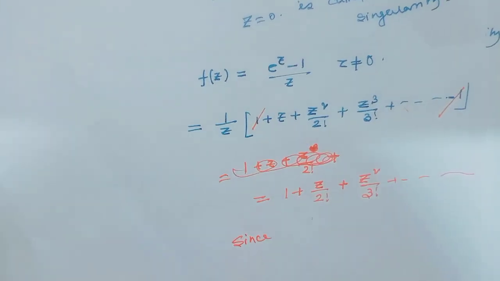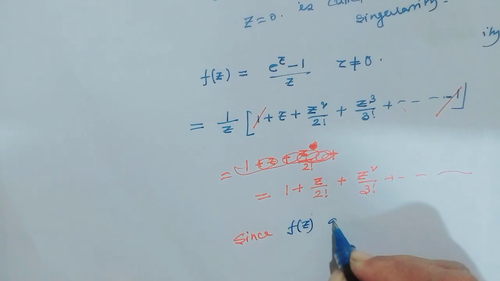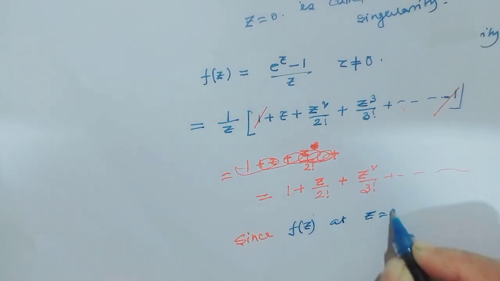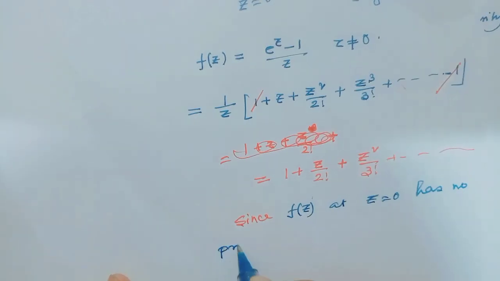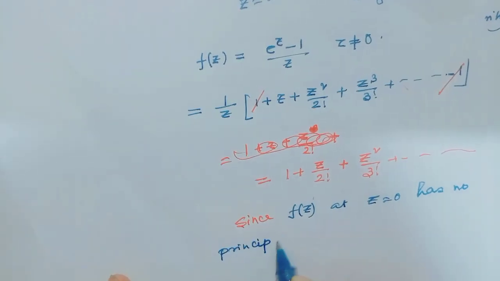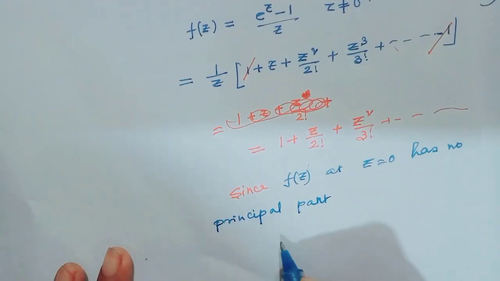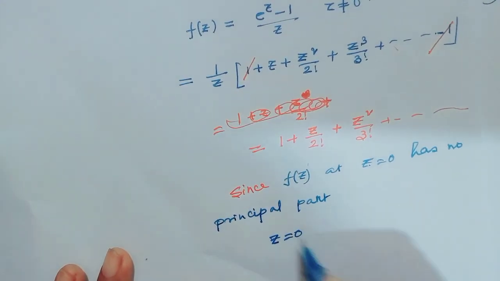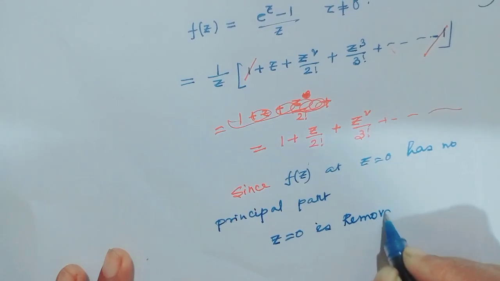Since f(z) at z equals 0 has no principal part, z equals 0 is a removable singularity.